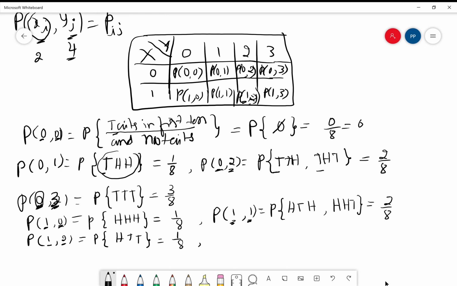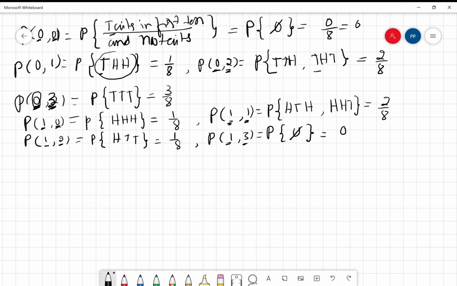Now P of 1 comma 3. That means x taking the value 1 means heads in the first toss, and total number of tails equals 3. This is not possible, and therefore you get an empty set. Therefore its probability is 0.